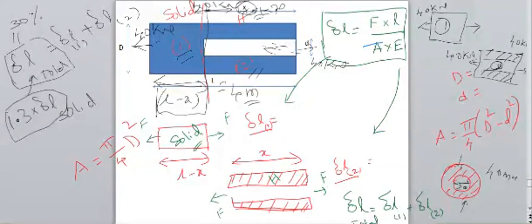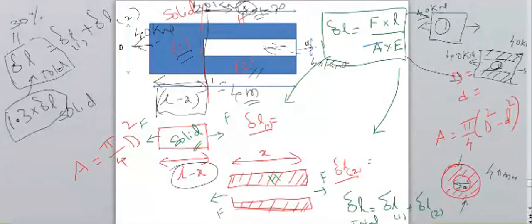Now for the two portions, I need to find the elongation. The same formula applies: delta L equals F into L by A into E, for the first cross section as well as the second.